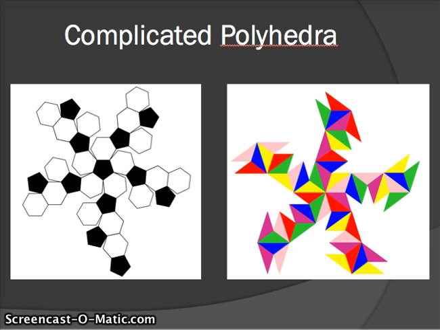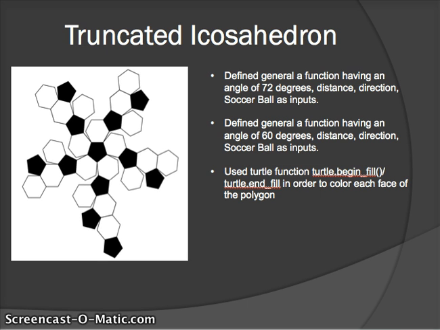Now I'd like to move on to the complicated polyhedra. These two were definitely a little bit more challenging, but they have the same idea as far as building the net went as the previous five. For the truncated icosahedron, aka the soccer ball, the patches on the soccer ball were pentagons and the rest of the composition were hexagons.